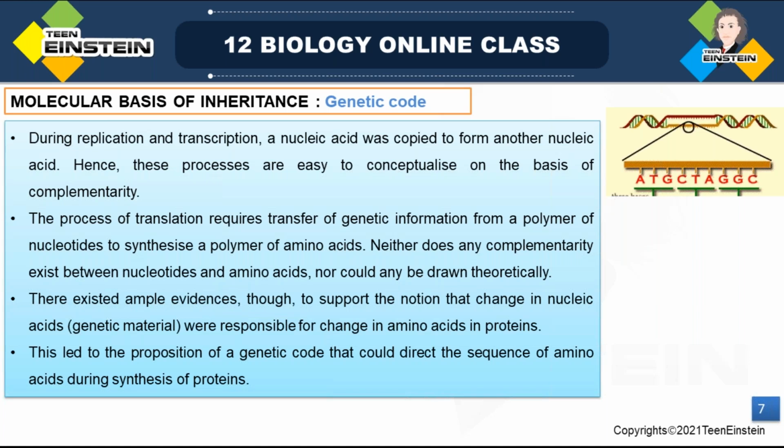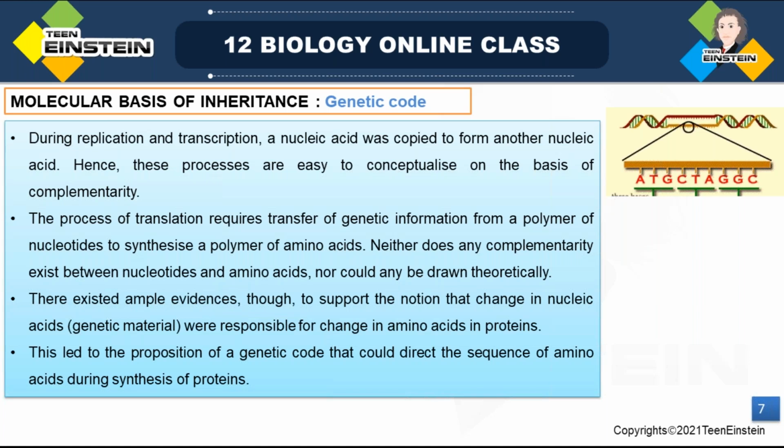So here there is no complementarity between the amino acid and the formed protein in the case of translation. In transcription, you can see complementary base pairing and a complementary strand also. But in translation, or protein synthesis, the newly formed protein doesn't have any complementarity with the genetic code, or that RNA, from which one protein is forming.